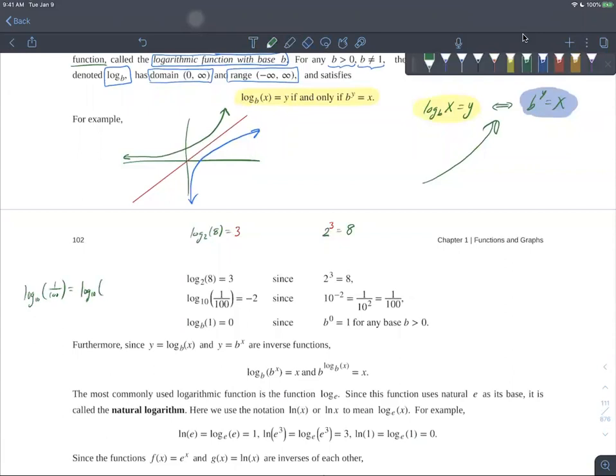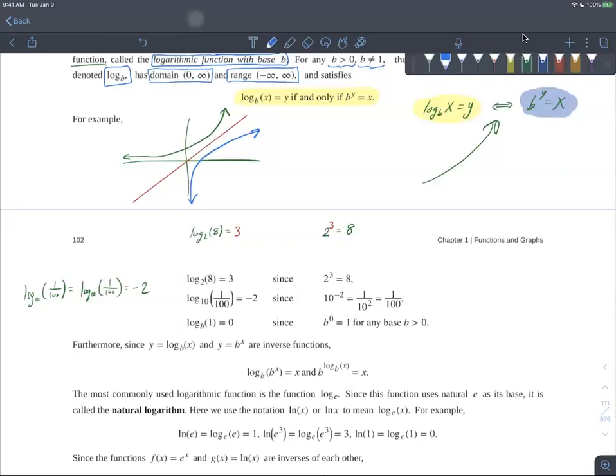Since it's a reciprocal, we know it's going to have to be a negative exponent, and 10 raised to the second power gets us 100. So the negative second will be the answer. The exponent that you need to put on 10 to get 1 over 100 is -2. The answer is -2.